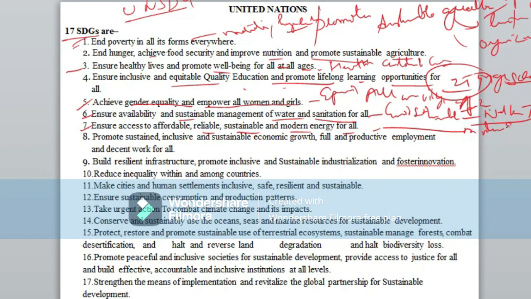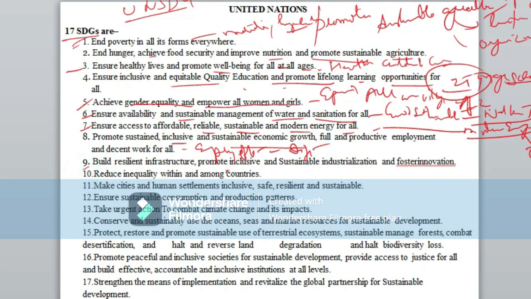It provides sources of modern energy in terms of solar, wind, OTEC, nuclear energy, and so on. The eighth goal is to promote sustained, inclusive economic growth, full and productive employment, and decent work for all. That means the employability and opportunity of employment should be increased at different levels to improve the decency in the work culture.